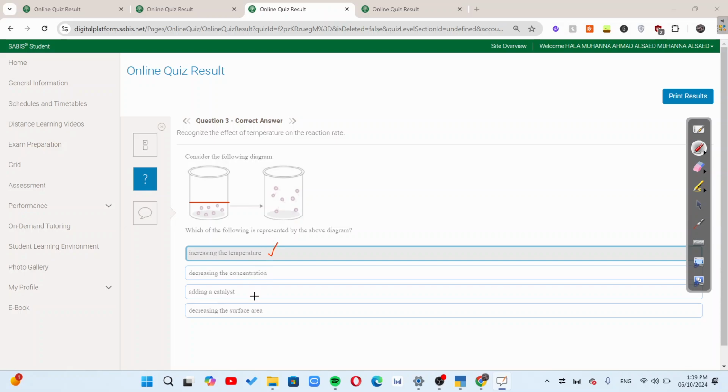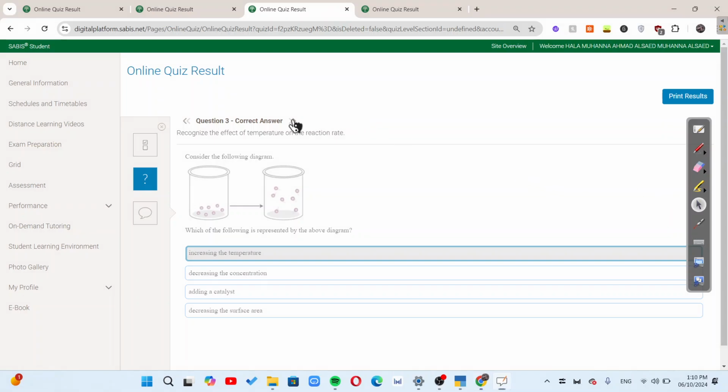You can't see a catalyst here because catalysts aren't used up. Decreasing surface area, definitely not. Decreasing concentration, no, you need to increase concentration. So the only thing that makes sense is that you increased the temperature, because see, they're now bumping around.